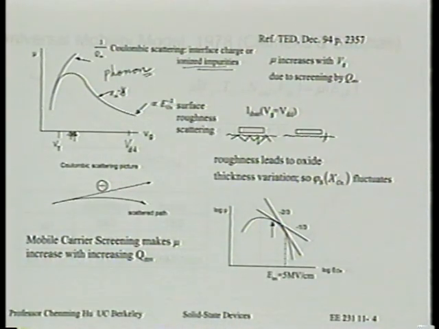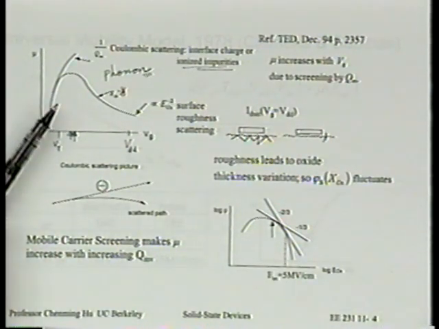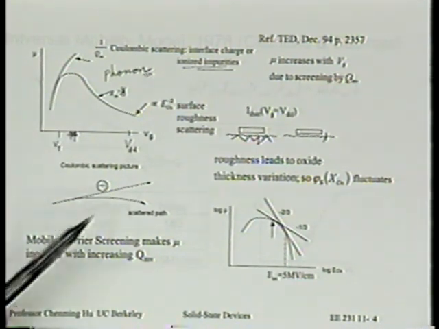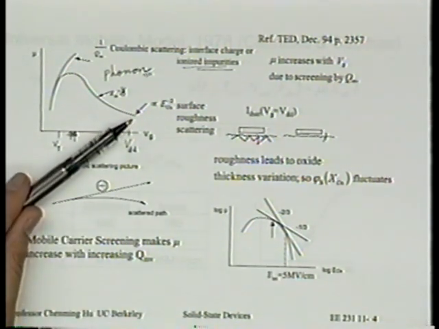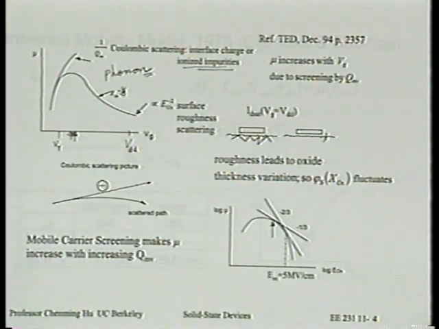Okay, good. Any questions about these three mechanisms of scattering that are generally accepted? There's the phonon scattering. There's the surface roughness scattering, which I think is very important, but most engineers actually think this is a surface roughness effect. And finally, in the low VG region, there's the Coulombic scattering.